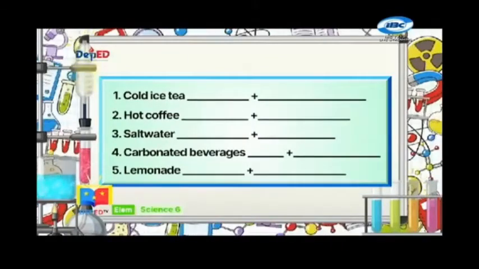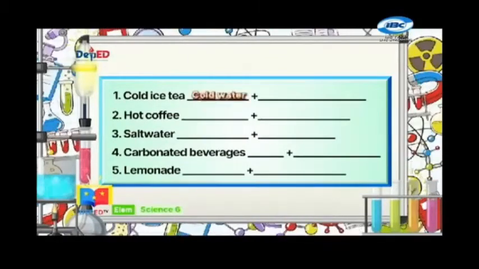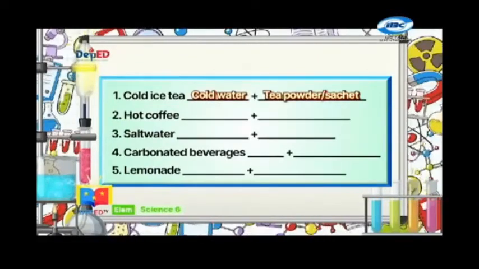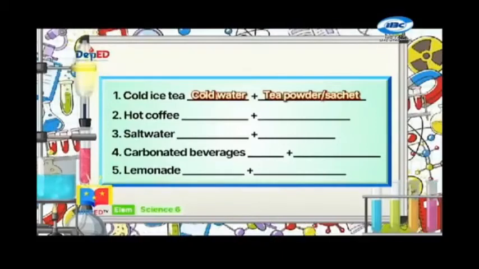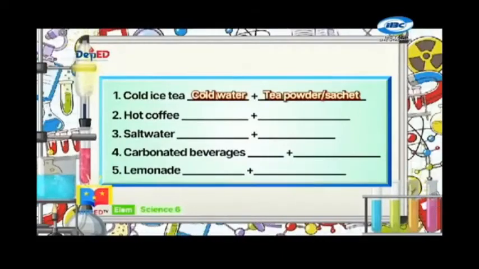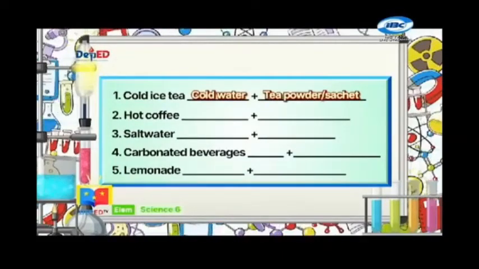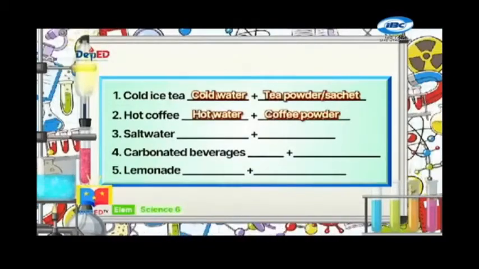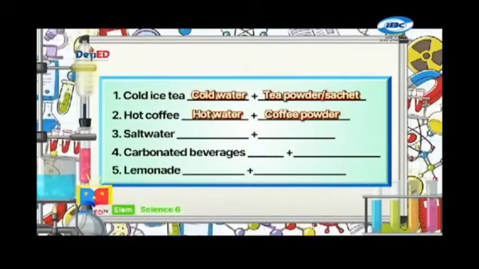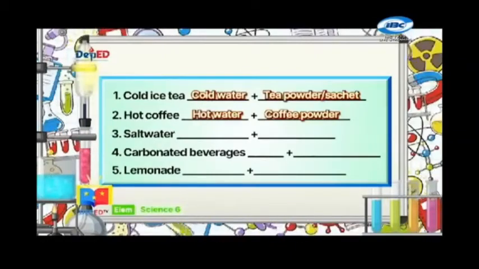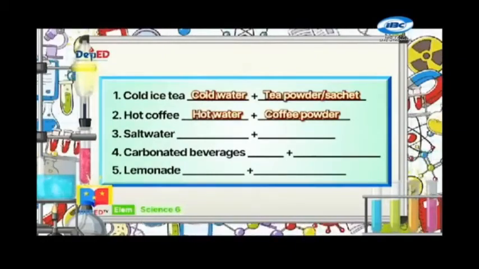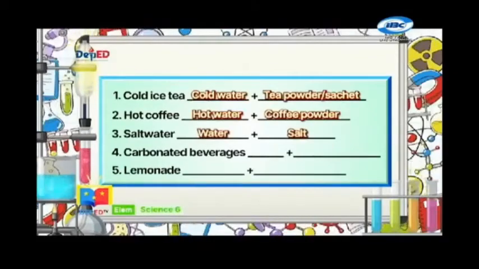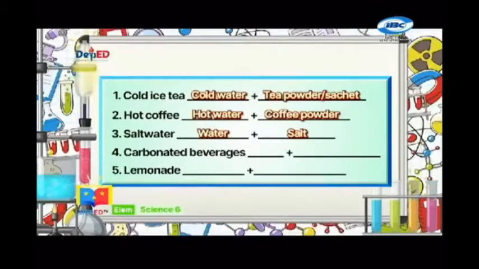The correct answer is cold water plus tea powder or tea sachet. Number 2. Hot coffee. The correct answer is hot water plus coffee powder. Number 3. Salt water. The correct answer is water plus salt.